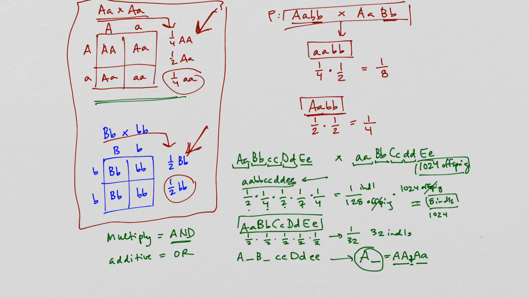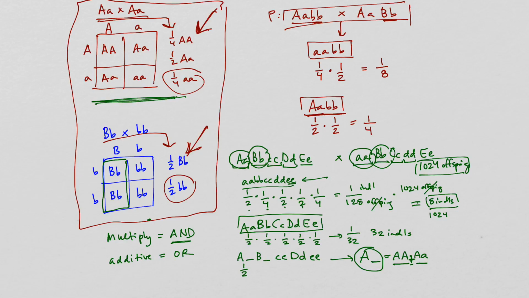So if we go back and look at our A Punnett square, that's actually the same as this bottom Punnett square here. Any that have big A's are going to be 50%, so this is 1/2. If we consider our B Punnett square, that's the same as this top Punnett square over here.